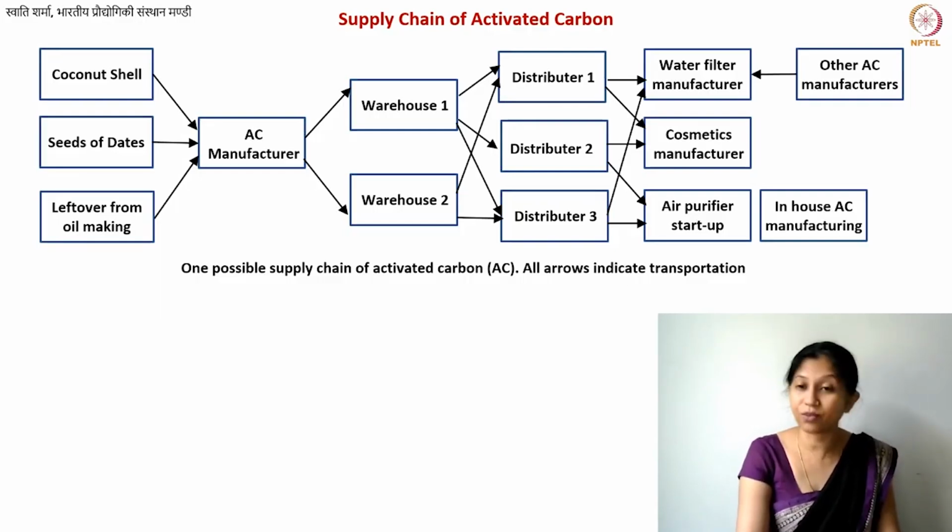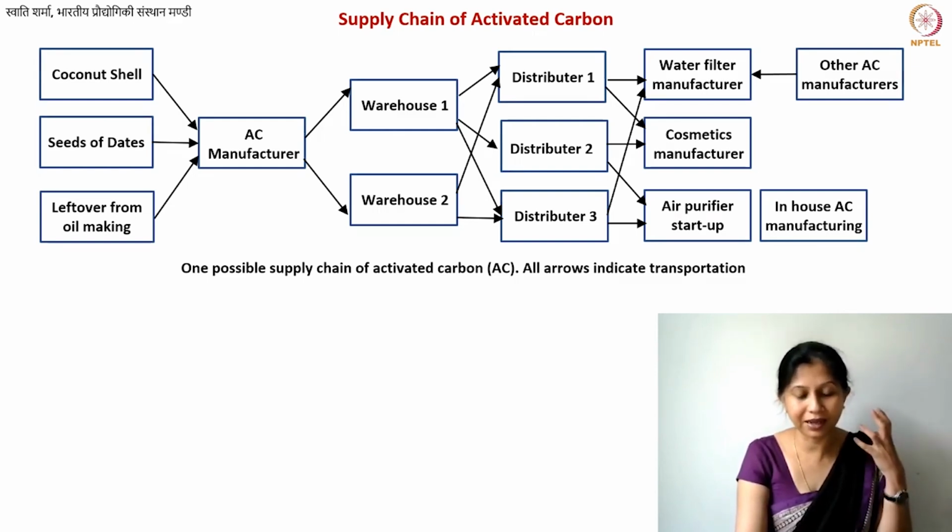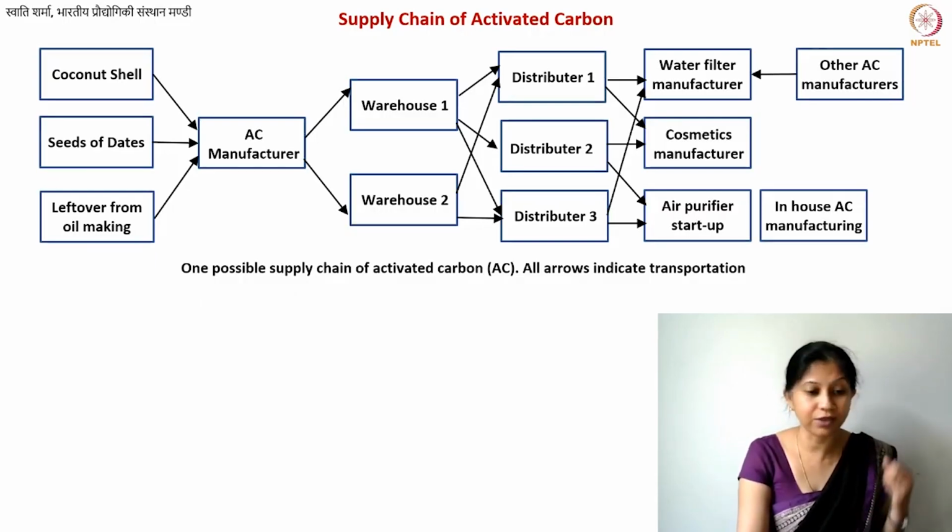In fact, that's what they thought they were going to do, but then they thought, why don't we just also make the air purifiers? And then they realized that suddenly the demand has increased so much that they don't have sufficient supply and they don't have the resources to make enough activated carbon, but they do have a lot of demand for their final product. So in that case they started buying it from other companies.